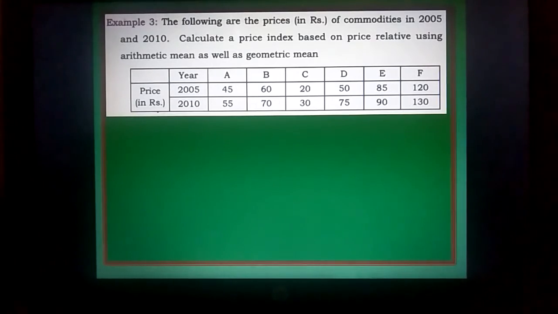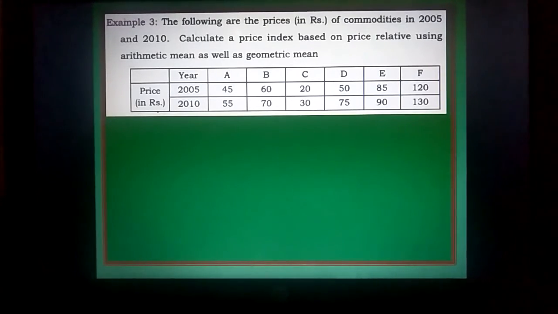All these formulae, all these concepts we have already discussed. So what is the formula based on price relative using arithmetic mean? It is sum of P divided by N, where capital P is the price relative, isn't it?